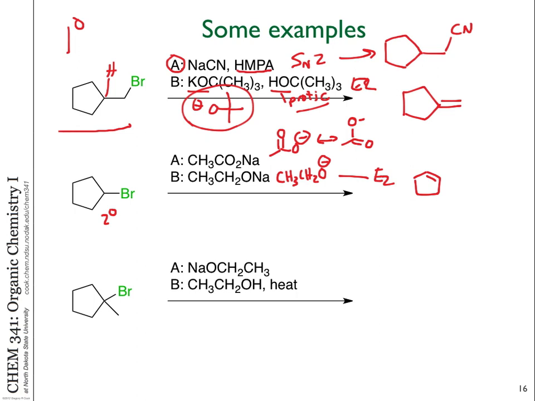Whereas in the top case, you'll probably see some elimination as well. But it's secondary, it's not tertiary. You can do substitution on that. This would probably give a significant amount of nucleophilic substitution, which would be that. Okay, SN2. Why?